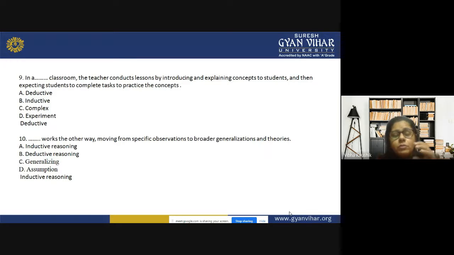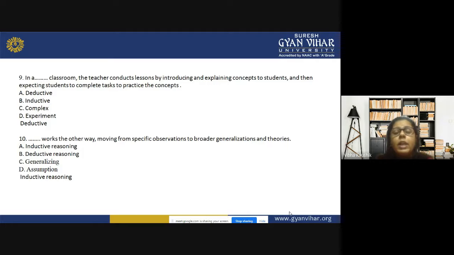On the basis of the specific observation, we have to move to broader generalization, where the generalization can be made and theories will be developed.